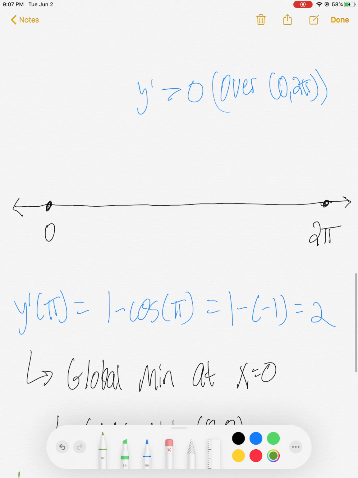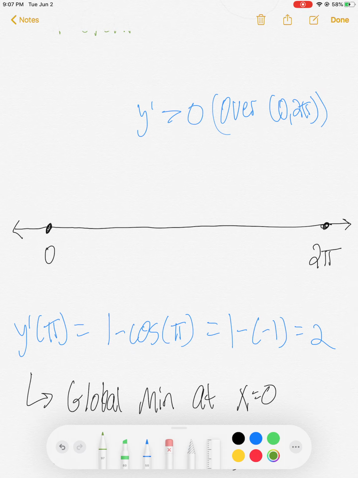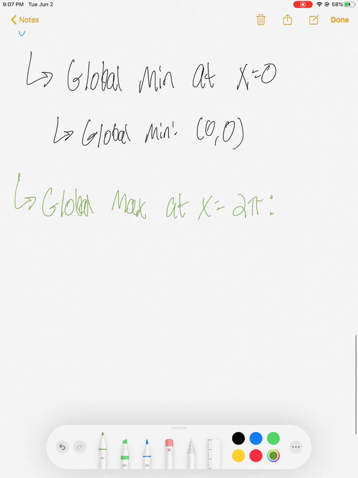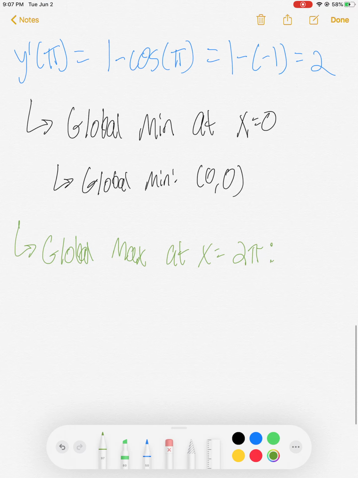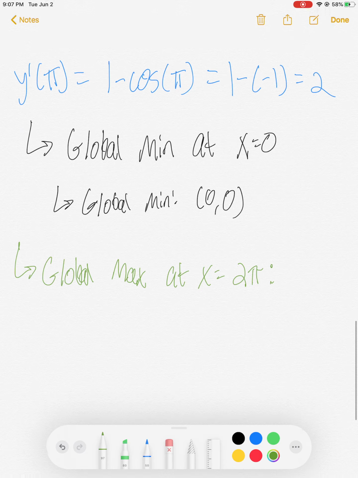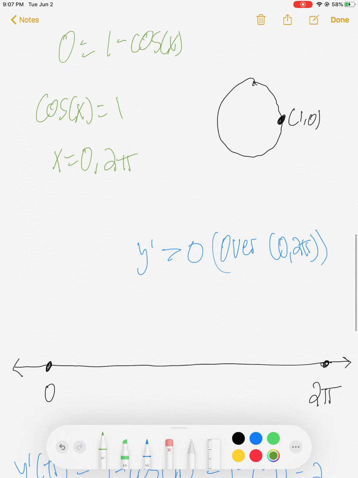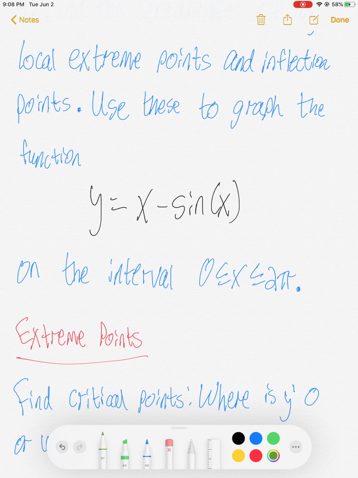Similarly, we also have a global max at x equals 2 pi. Again, we see that the function is increasing because y prime is greater than 0 over this interval from 0 to 2 pi. Which means that the function is increasing the whole way, so it's going to obtain its maximum all the way at the right, which in this case is x equals 2 pi.